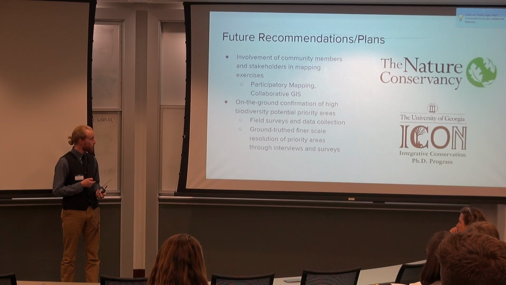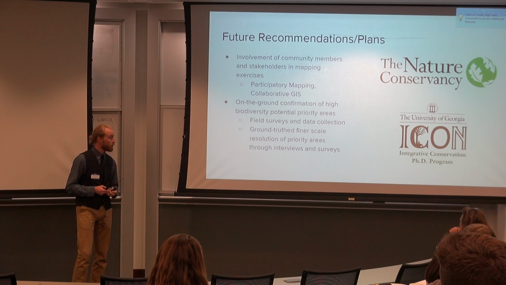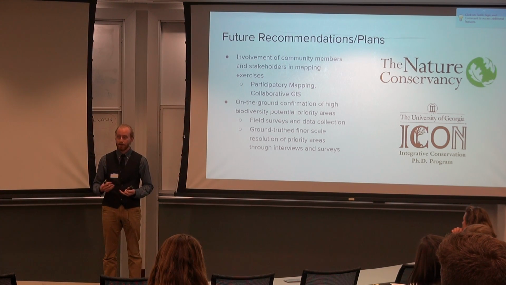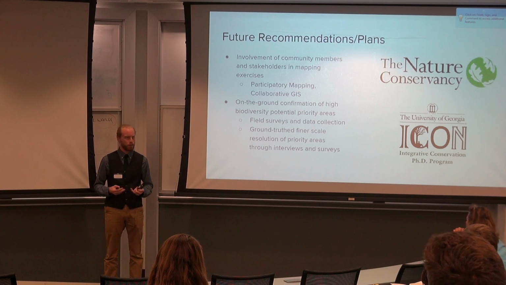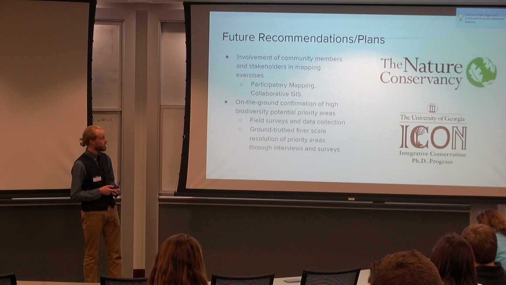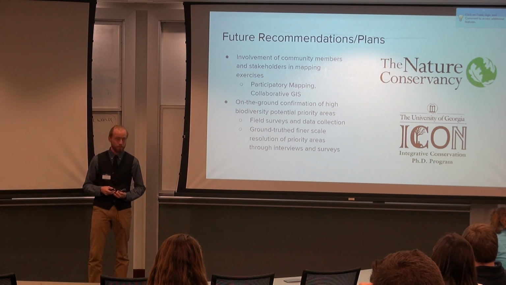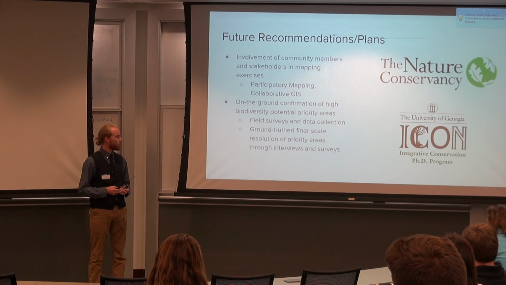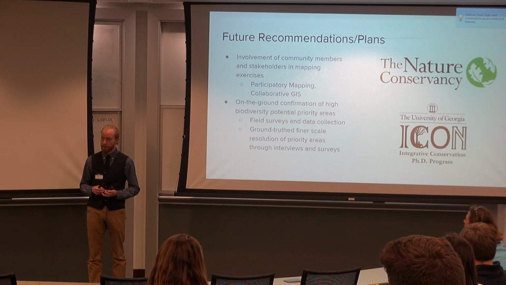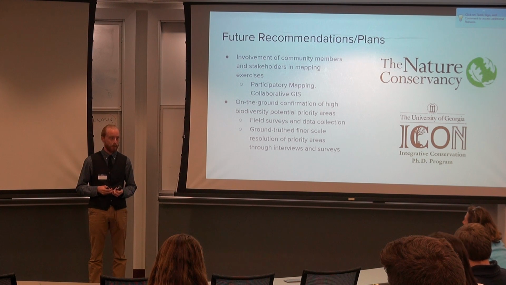And so, I think there are a number of things that we could have done that might have made that process a little bit more collaborative, a little bit more participatory when you're thinking about working with community members and different stakeholders. Having more face-to-face interaction with neighborhoods or communities where we identify areas of high biodiversity potential.